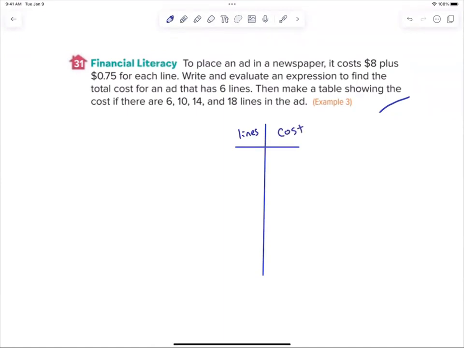Does everybody agree with that? And they want 6 lines. They want 10 lines. They want 14 lines, and they want 18 lines. So how much would it cost if you did 6 lines? Who's going to help me figure that out? All right, Levi, what do I have to do?